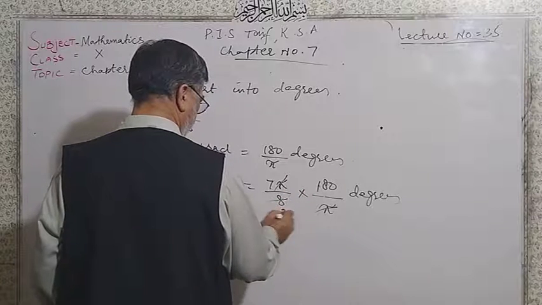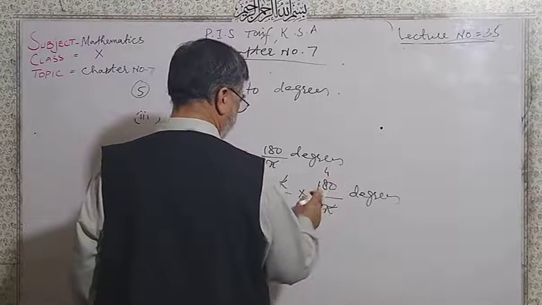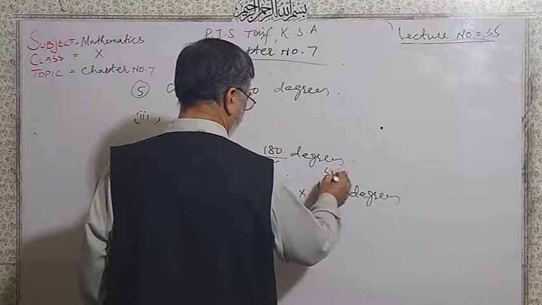4 into 8, 4 into 16, and 4 into 5 is 20.